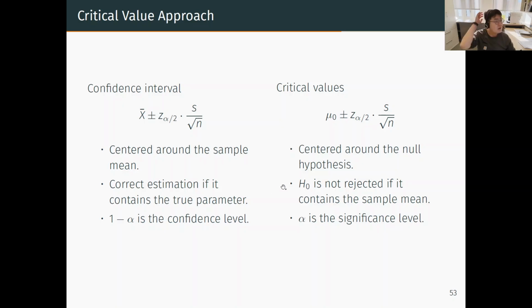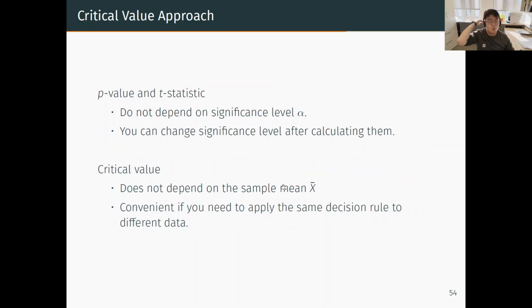Okay, so we learned three different approaches: p-value, t-statistic, and critical value. The reason why we learn different methods is because it depends on what kind of data you have and what kind of problem you are handling. And as you see, p-value has a 3-step calculation, t-statistic 2 steps, and critical value only 1 step, right?